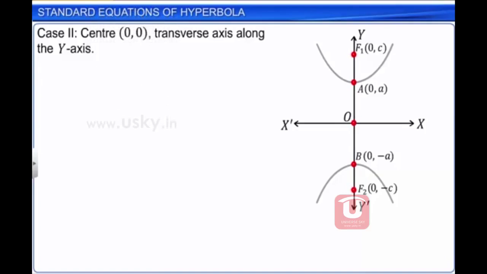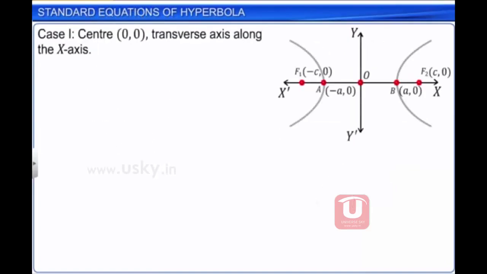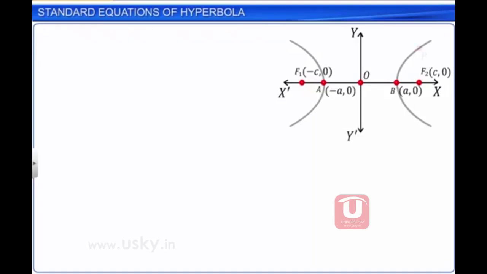Let us derive the equation of the hyperbola for case 1 with the center at the origin, the transverse axis along the x-axis, and the foci lying at minus c, 0 and c, 0 on the x-axis. Consider a point P on the hyperbola with the coordinates x, y. Then, by definition, the difference of the distances PF1 and PF2 is constant and equal to 2a.